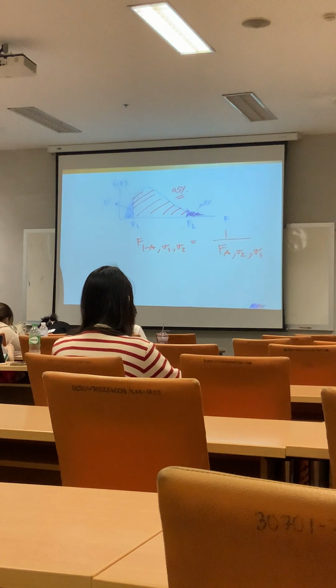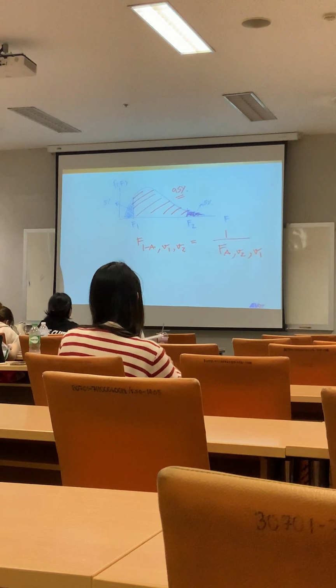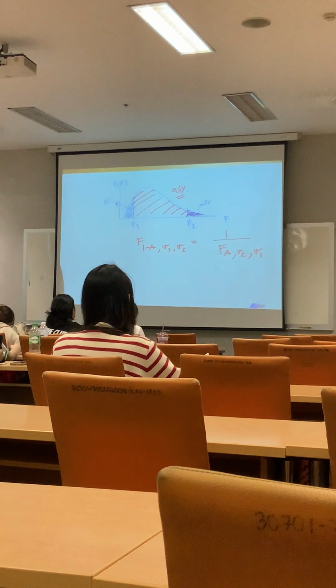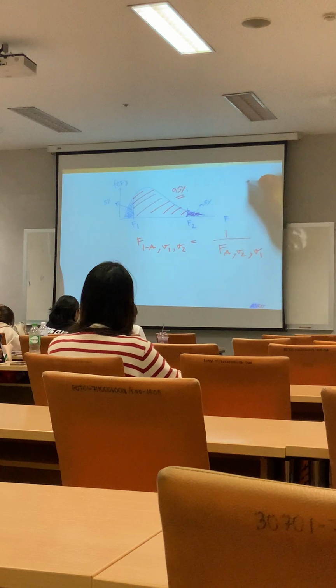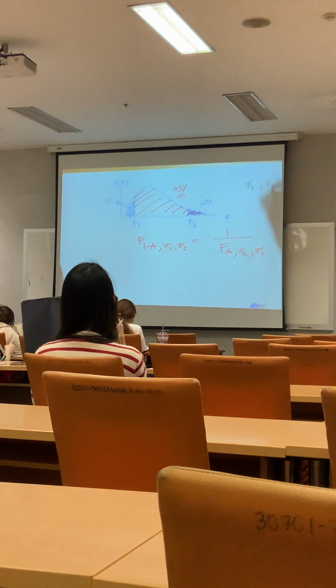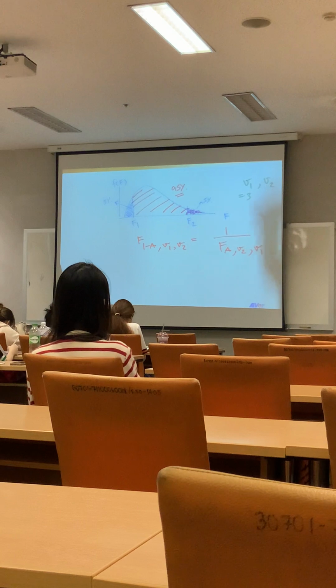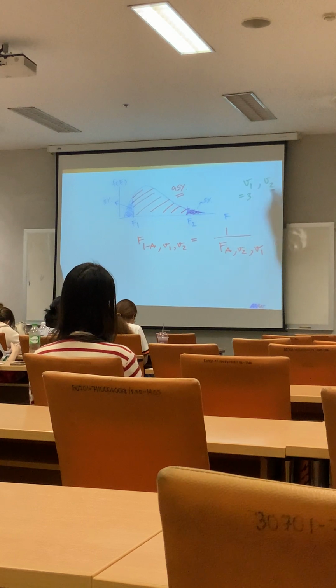So let's say that nu 1, like in the example we saw, is the numerator degree of freedom, 3, and nu 2 is 7.